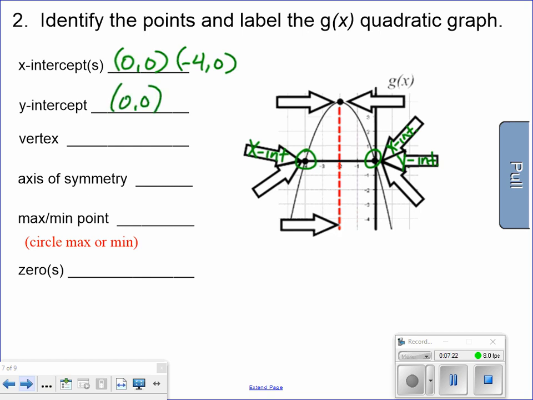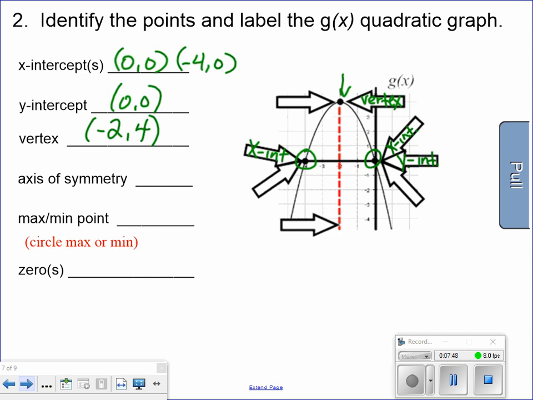When we look at the vertex, that is, again, where your graph curves. So this point right here, this is where it begins to curve. So this would be our vertex. Our vertex appears to be at negative 2, 4.